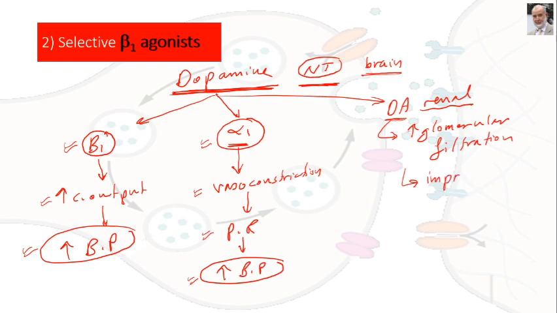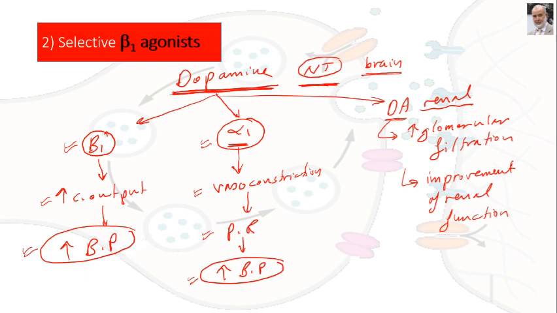Improvement of renal function is very advantageous. Why? As we have said, because usually when there is low blood pressure, there is low glomerular filtration. By improving glomerular filtration, this will improve renal function.